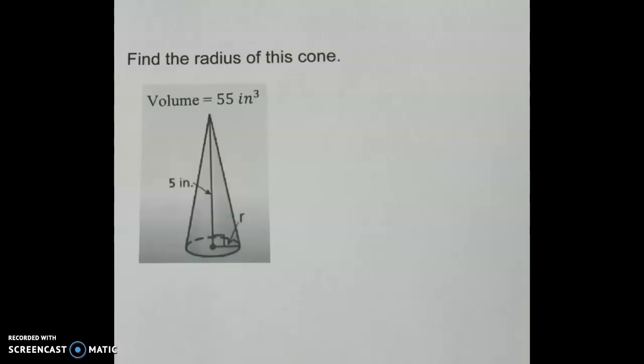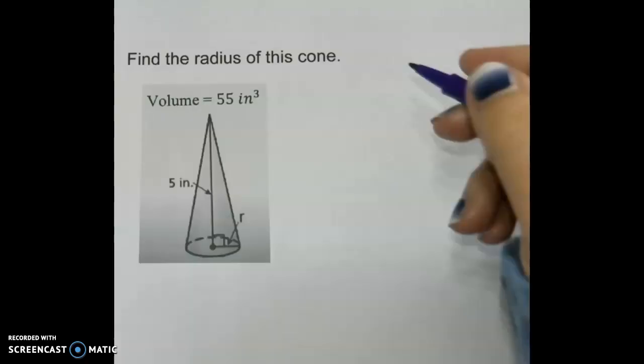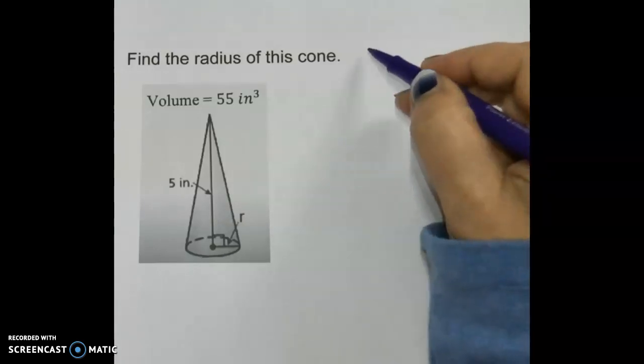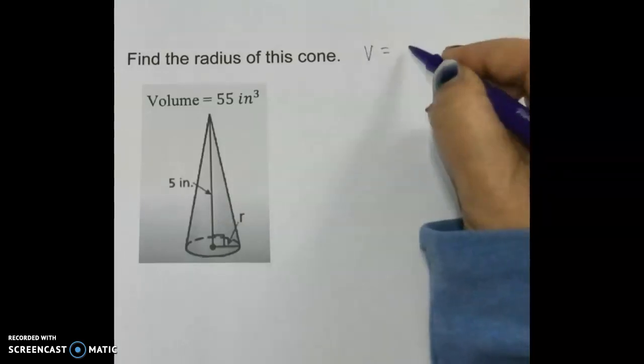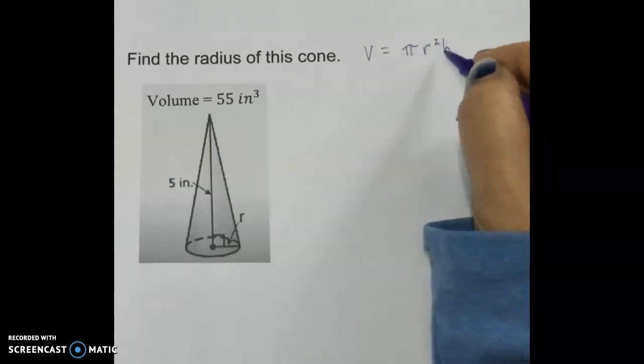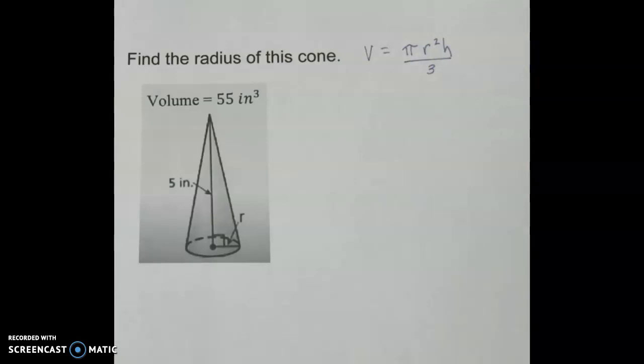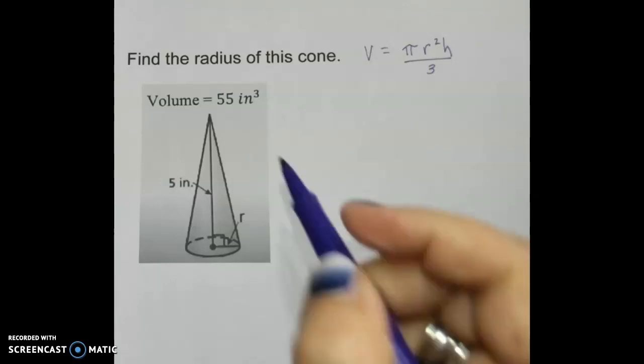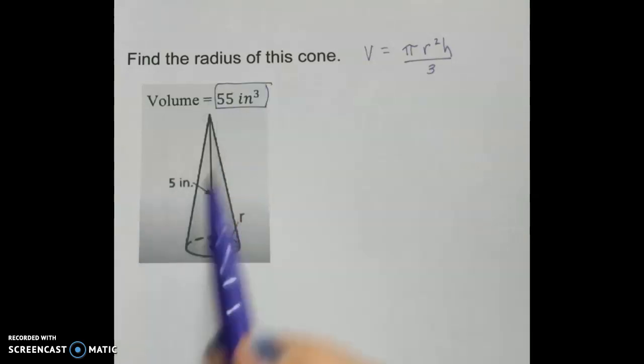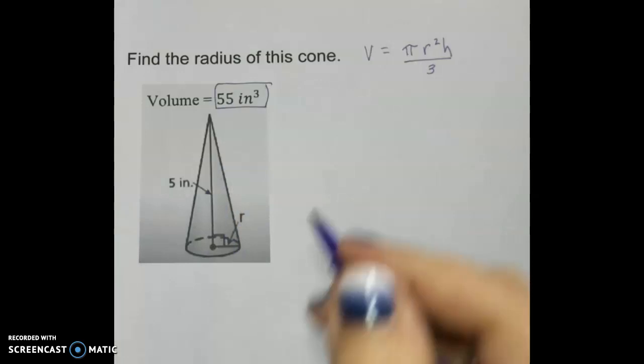All right, ladies and gentlemen, we are going to start by writing the formula for volume of a cone, which we know is volume equals pi times radius squared times height divided by 3. Okay, now we're going to substitute in our known values. We do know that the volume of this cone is 55.